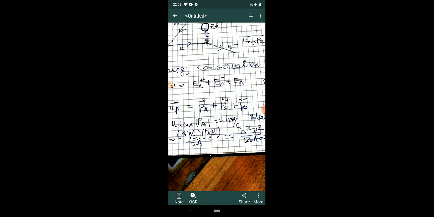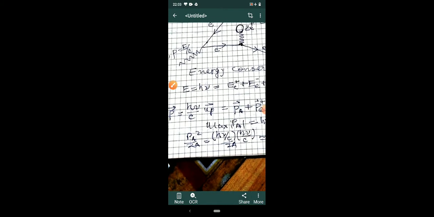That is, P_A magnitude must be equal to h nu by c, right? So using this, let us estimate approximately what should be the maximum energy of the recoiling nucleus, and remember this nucleus is heavy.